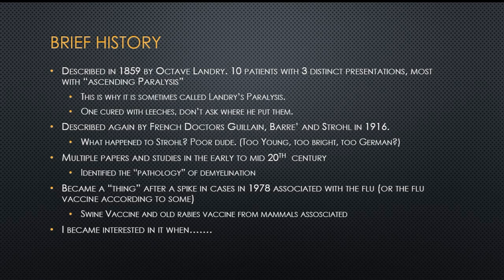Now, it really became well known in the 70s after we had a really bad flu season. Some people say it's the flu vaccine, some people say it's the flu, but it certainly is true that this predates the flu vaccine, so take it for what it's worth. Conspiracy theory or not.